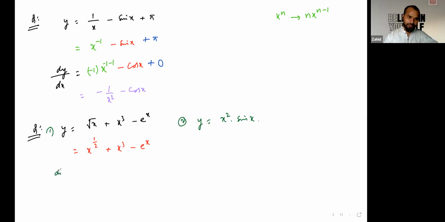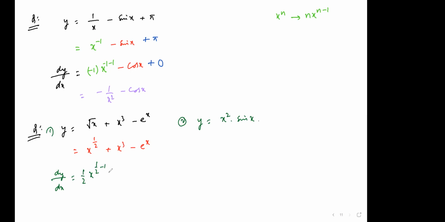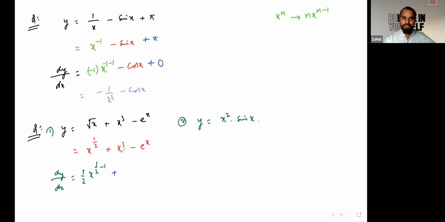Now apply the differentiation rule. It states that for any exponential function, bring the exponent to the coefficient, so it will become half x, and reduce the exponent by 1, so it will be half minus 1. Is it clear? Yes, sir. For the next part, we have x raised to the power 3.